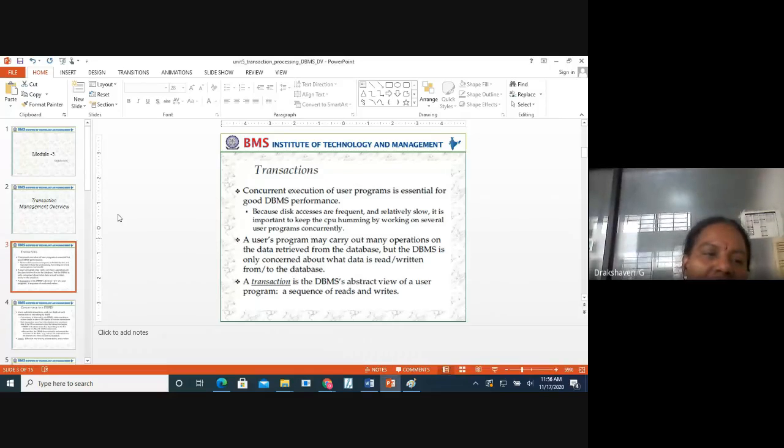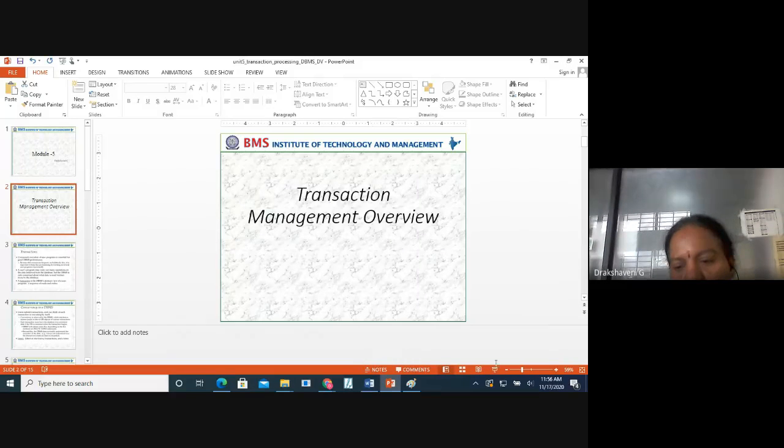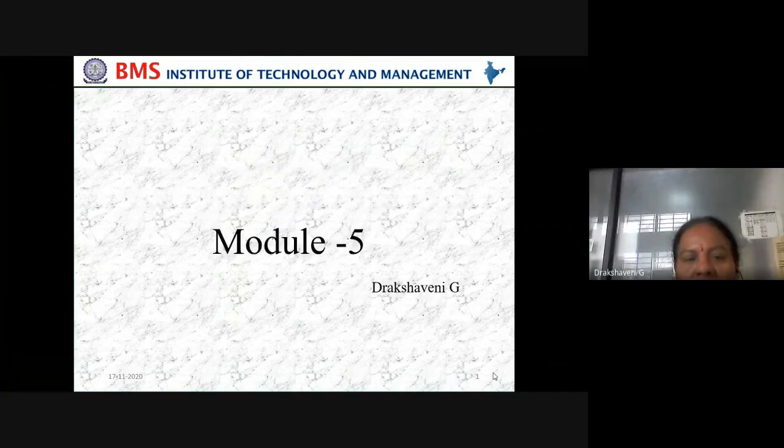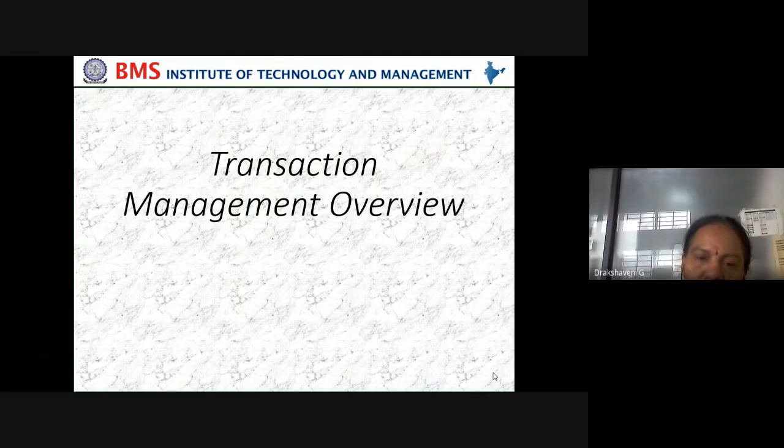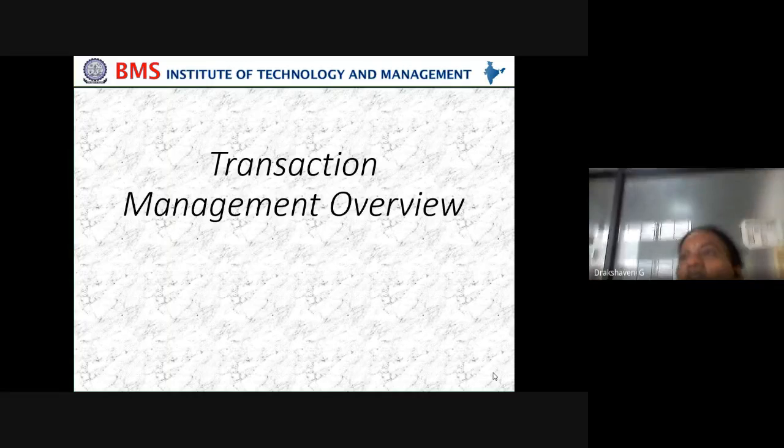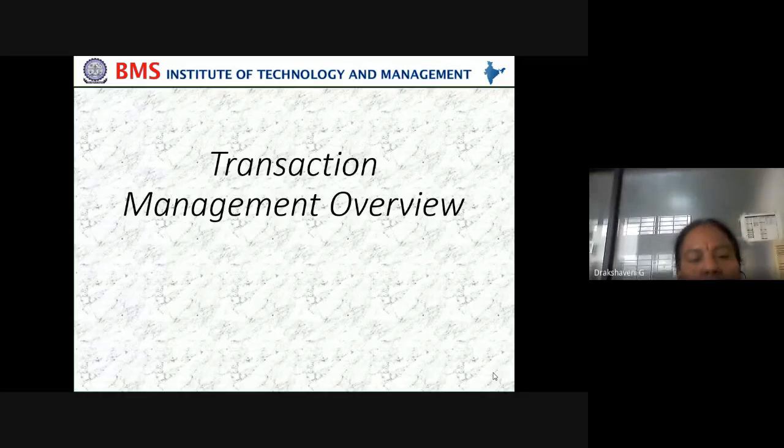Okay, so in this part, transaction management overview. That's what I was saying. If we consider banking, we have to store all the transactions in the database. Imagine if one person is doing a large number of transactions and saving those transactions for years together, huge memory is required.